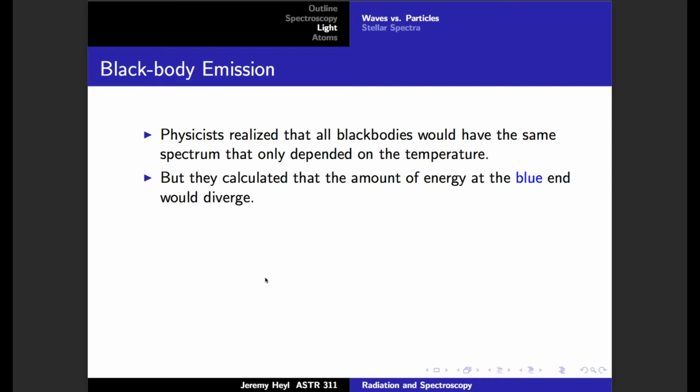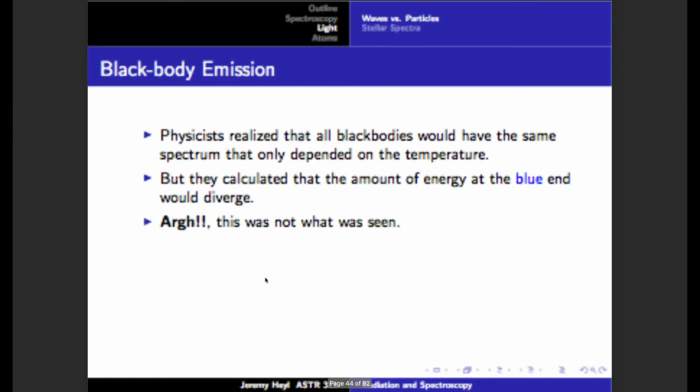So clearly they had made an error in one of their assumptions, right? None of us, like I turned this on, none of you are harmed. If there were an infinite amount of energy coming out of that nail, we'd all be in trouble now. It would be bad. And clearly, the physicists had made some mistake.